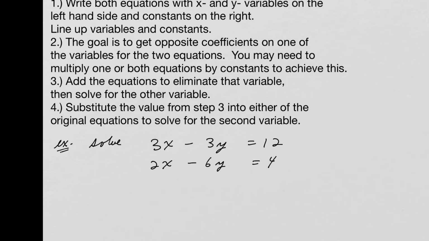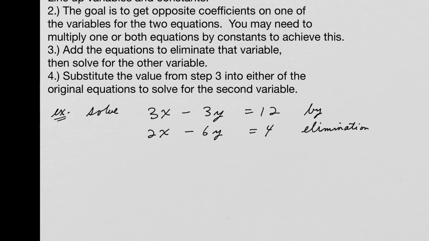And I want to solve it by elimination. Okay, so by this elimination technique. Okay, so actually the first step we've done, right? So the x's and y's are on the left-hand side, the constants on the right-hand side. The x's are lined up in a column, the y's, and then the constants are lined up on the right-hand side. So the first step is done.